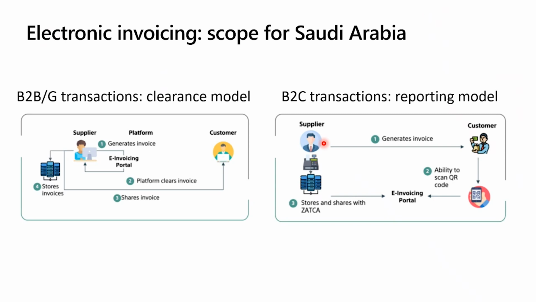In contrast to that, in the business-to-consumer area, the so-called reporting model is enforced, where a supplier that sells some goods to a consumer is required to generate and print, to issue and print an invoice, so-called simplified invoice in this case, immediately upon completing the sales transaction.